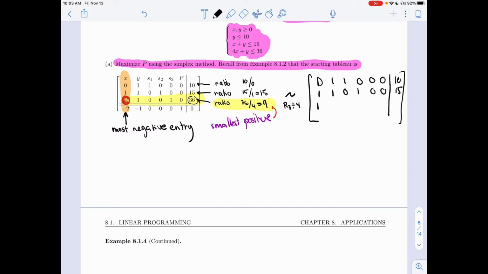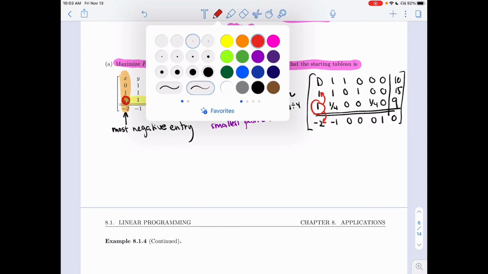Now I'm going to divide that one by 4, so I'll get 1, 1/4, 0, 0, 1/4, 0, 9, and then I don't touch the bottom row, at least not yet. So -2, -1, 0, 0, 0, 1, 0. All right, so here's my pivot, and I'm going to clean up the whole column to get 0 above and get 0 below.